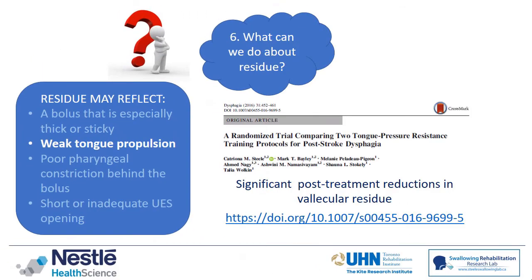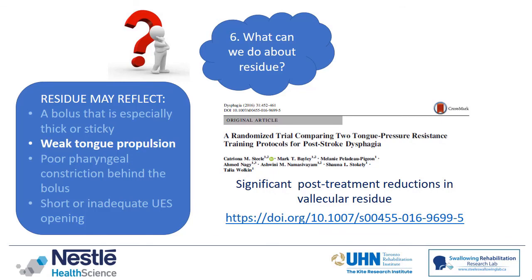Next, we can consider interventions for reduced tongue strength. Here, several studies point to improved bolus clearance and reduced residue being outcomes that you can expect from a course of lingual resistance training. I've published a couple of these studies myself, including the article shown on the slide, where we compared 2 different tongue pressure training protocols in people with dysphagia following stroke.